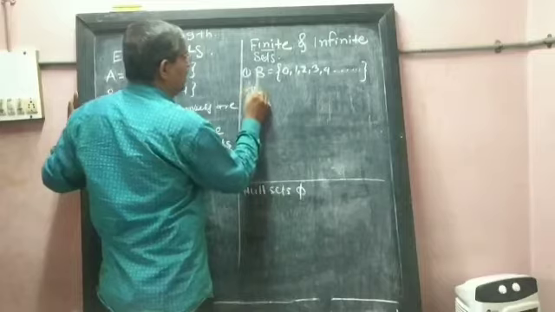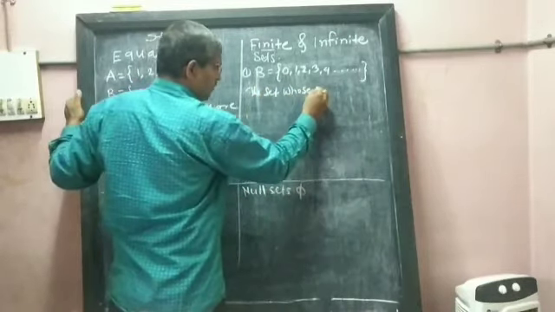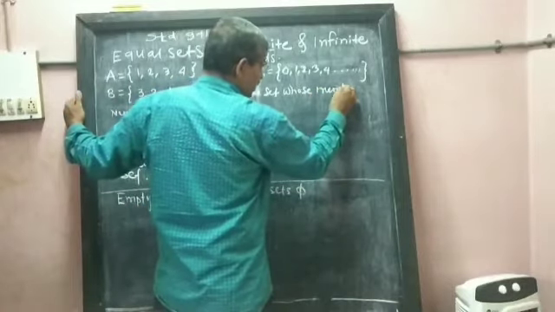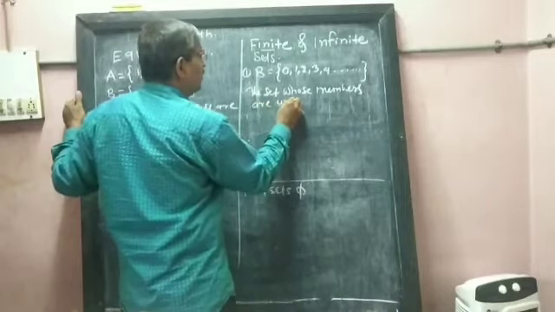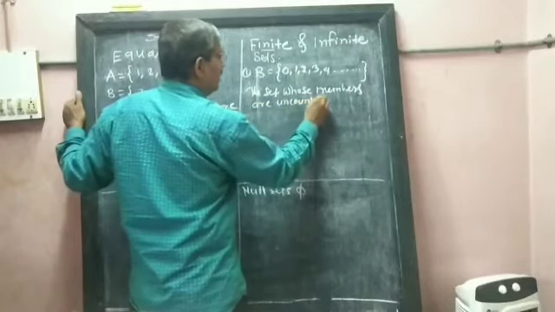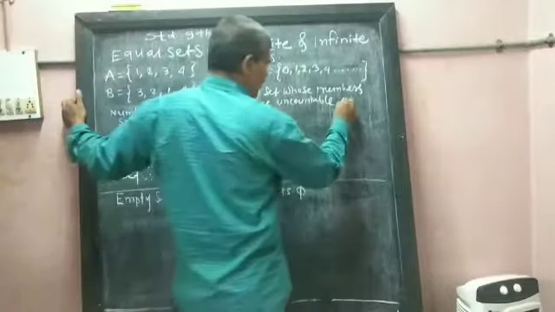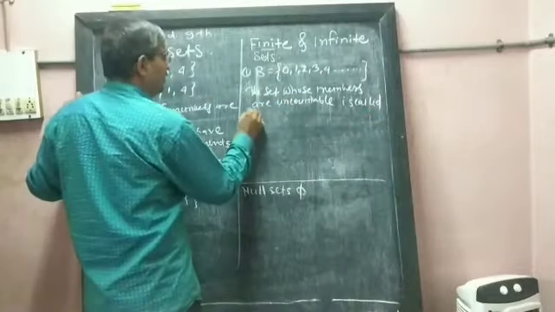So the set whose members are uncountable is called an infinite set.